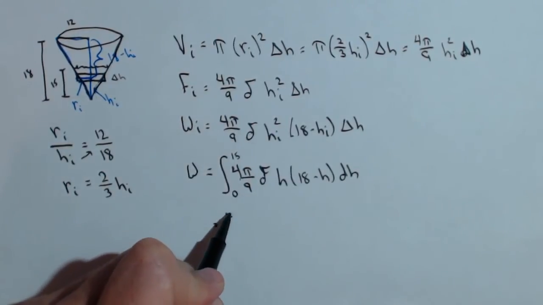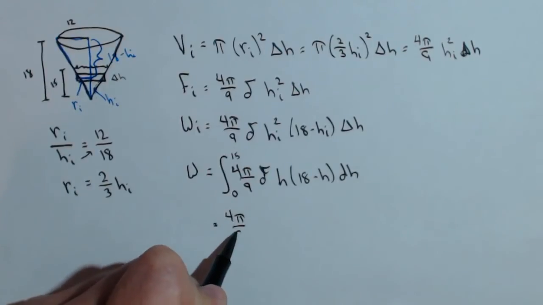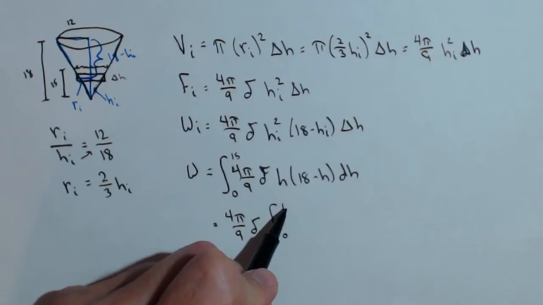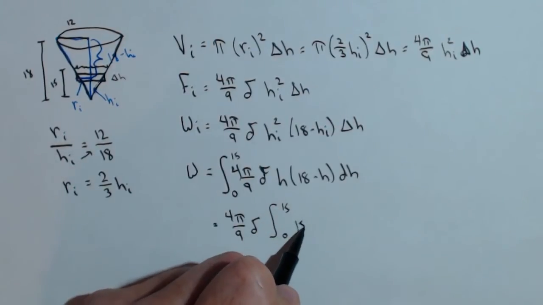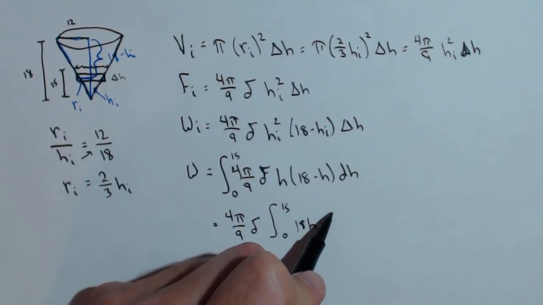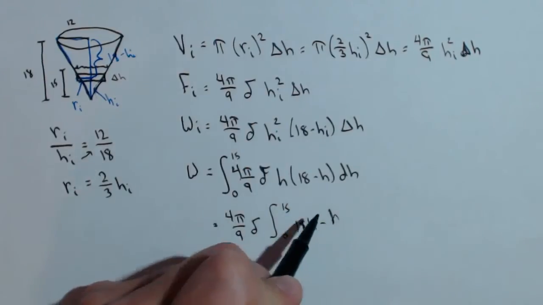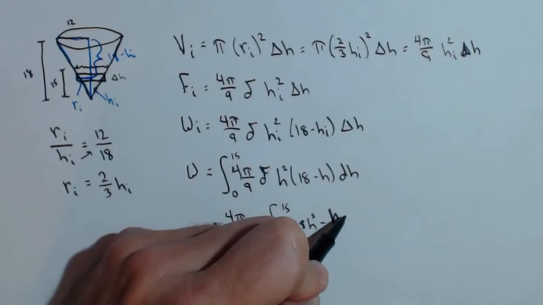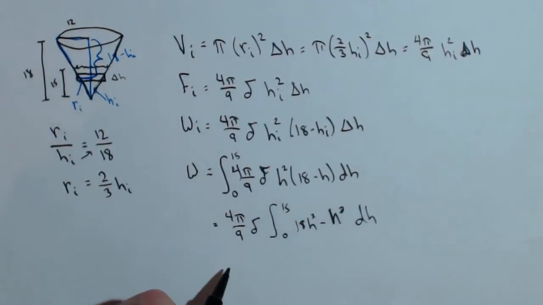Now what I like to do is pull out the constant. Again, I can always take a calculator and multiply this stuff in later. Here's where the actual calculus is coming in: 18h minus 18h squared. Sorry, I lost my square there. 18h squared, and this is going to be an h cubed dH.